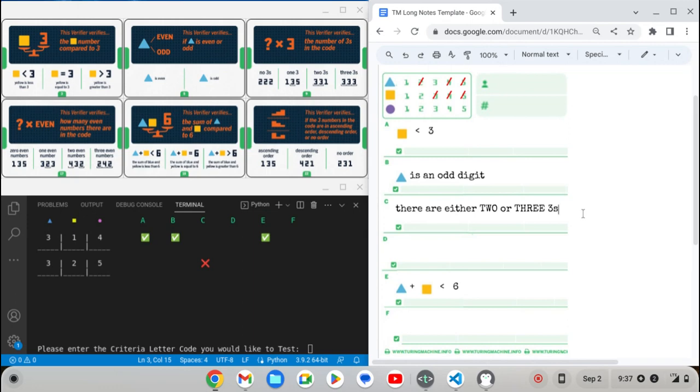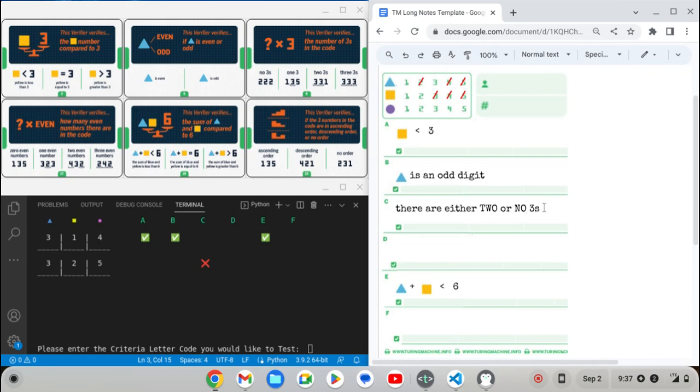I apologize, it's not 2 or 3, it's no 3s or 2 3s. I'm glad I caught that before we got too far. So we can't have 3 3s because square is already eliminated.